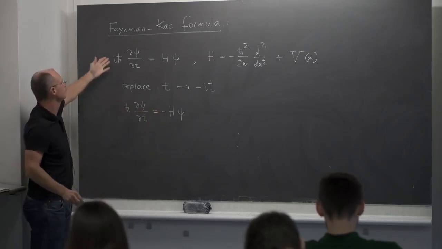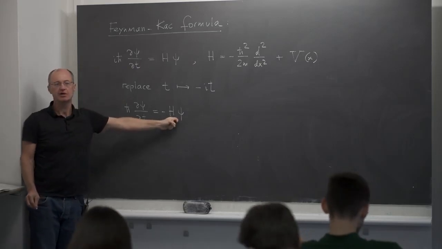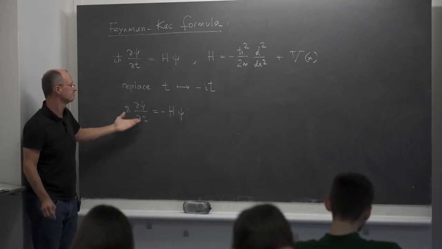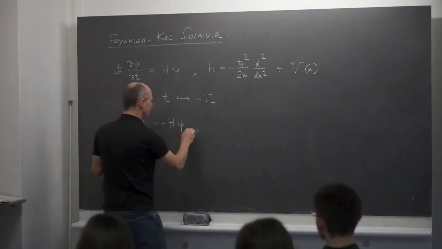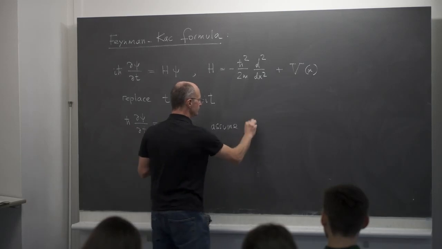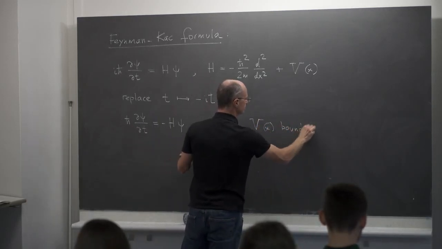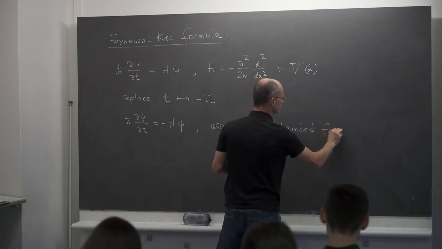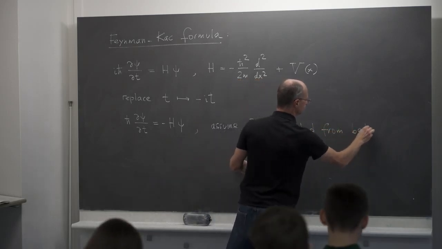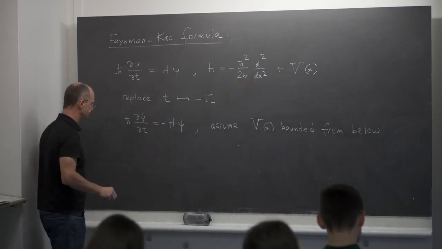So you get some other equation. It's also first order in t, an equation with an operator H. Well, and let's furthermore assume that V of x is bounded from below.